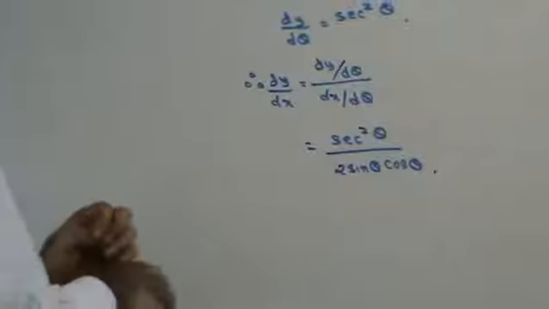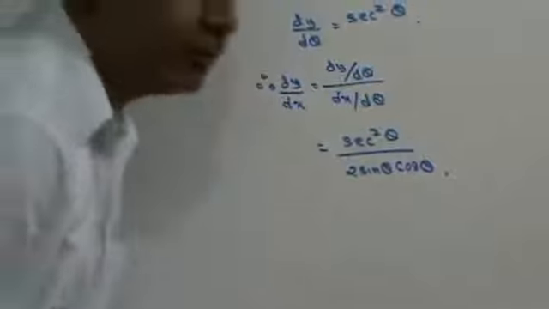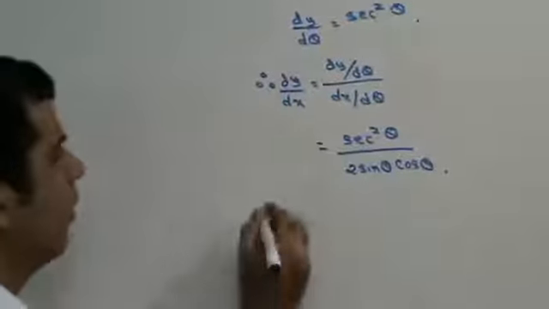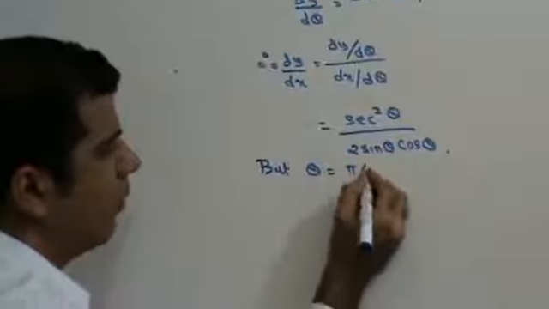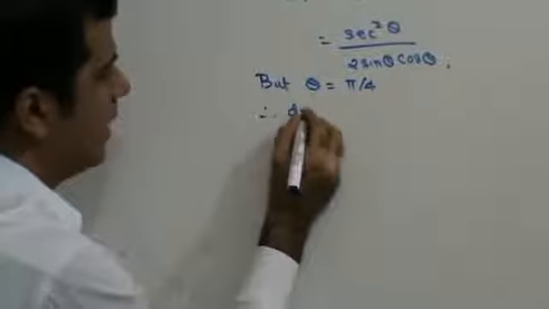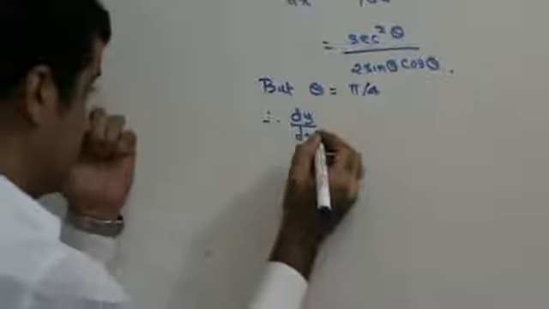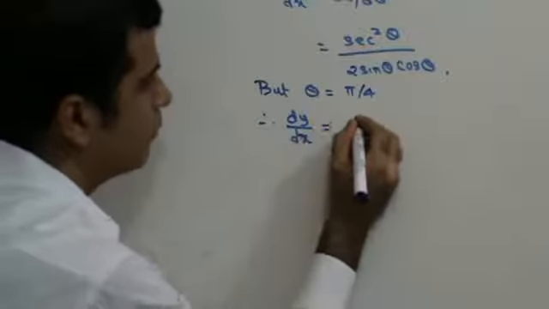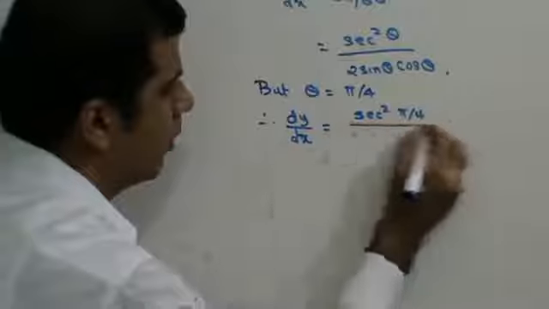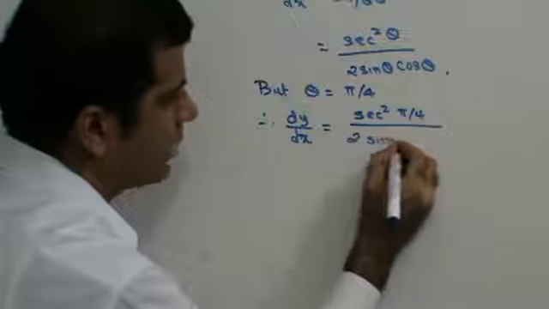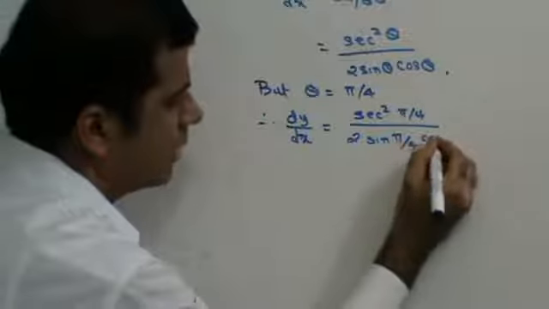But they have given you that the value of theta is pi by 4. Therefore, dy by dx is equal to sec square pi by 4 upon 2 sin pi by 4 cos pi by 4.